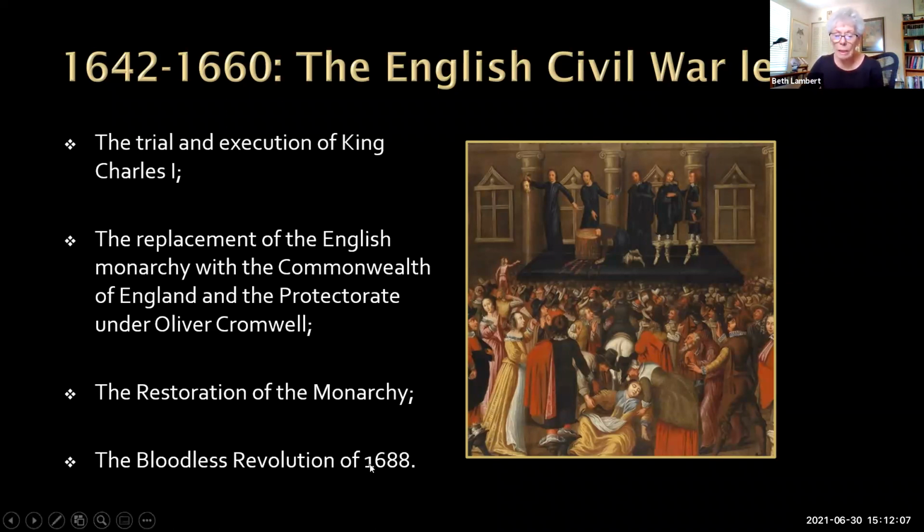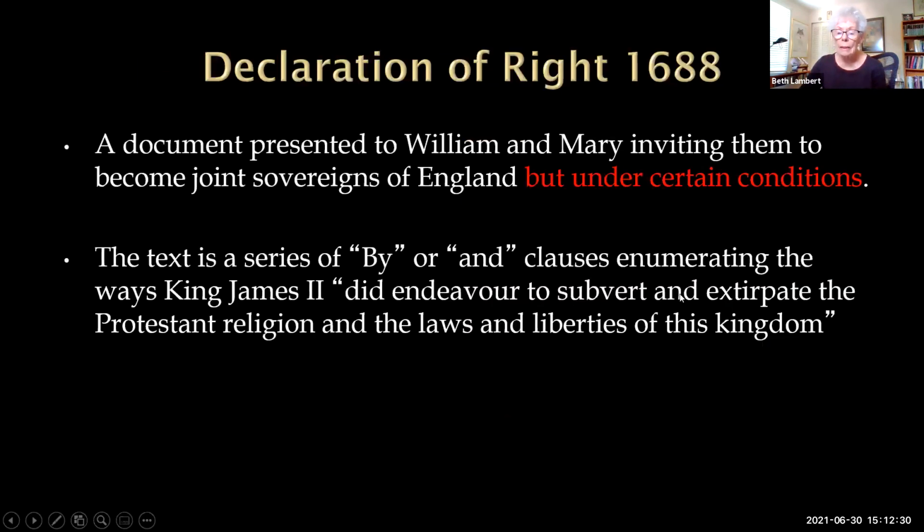But then when he died, his brother James took over, and James was a Catholic. So we have this all over again. At this point, James realized that he did not want to lose his head like his father. And so he abdicated and left England.